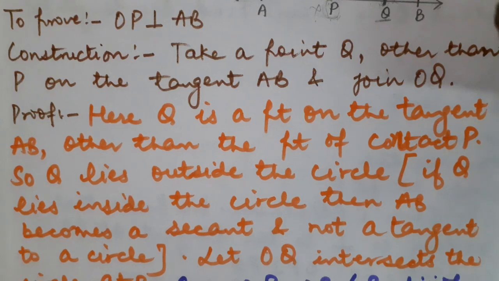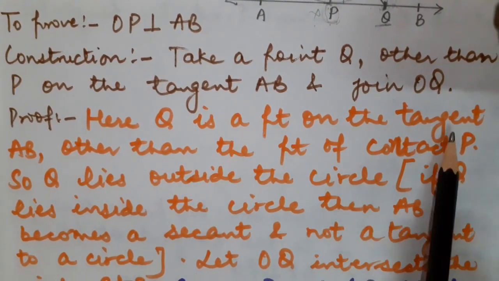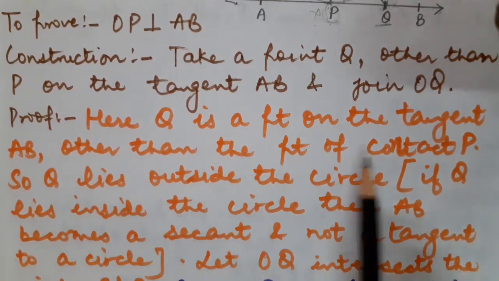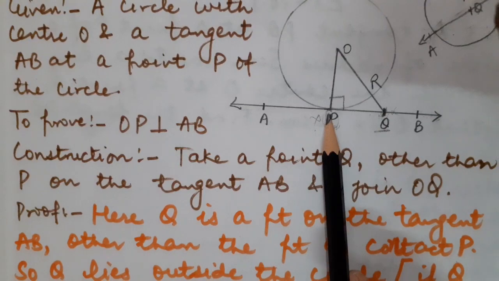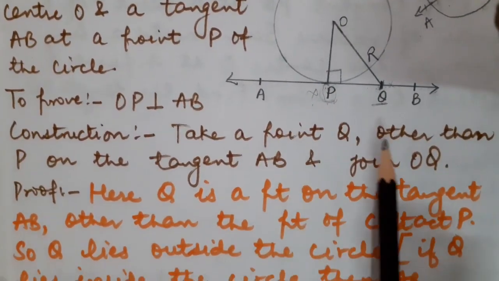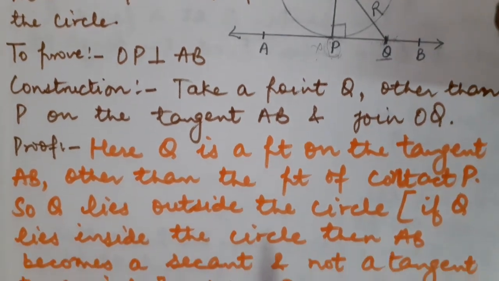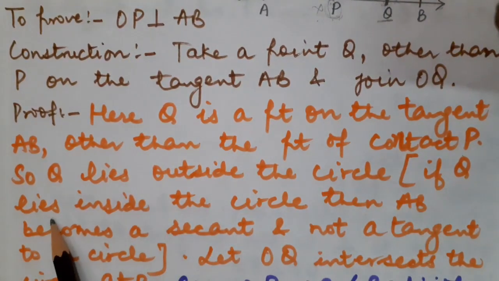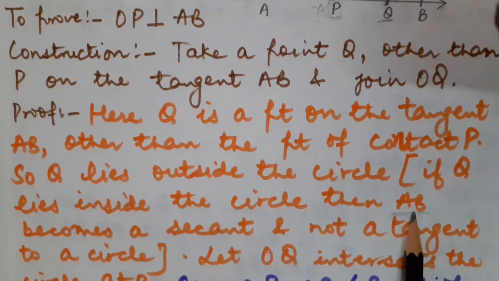Now hopefully you will understand better after understanding that point. Here Q is a point on the tangent AB other than the point of contact P. Q lies outside the circle. As I have explained, if point Q lies inside the circle, then AB will not remain a tangent.